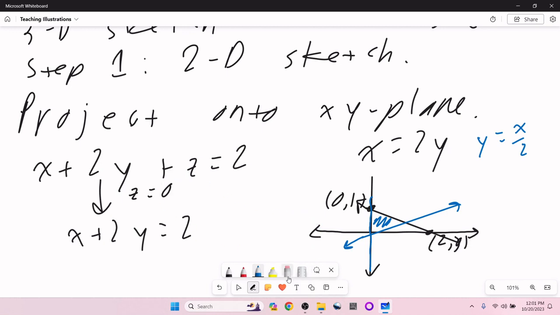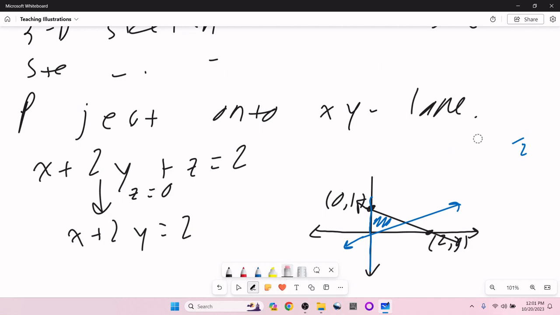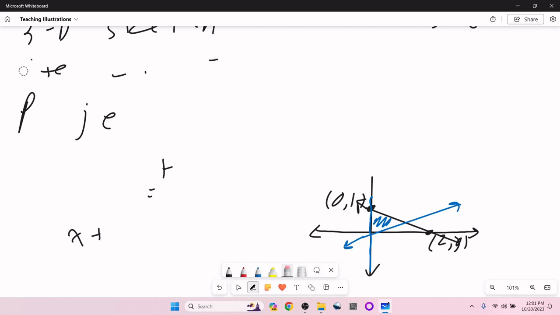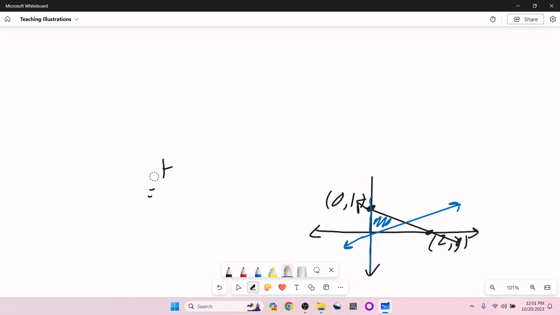Now, for step 2, I'm going to want to do the 3D sketch. This is kind of optional. Sometimes you can skip this part, but I'm going to do it anyway just for practice.